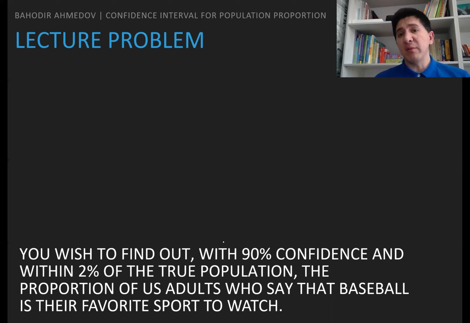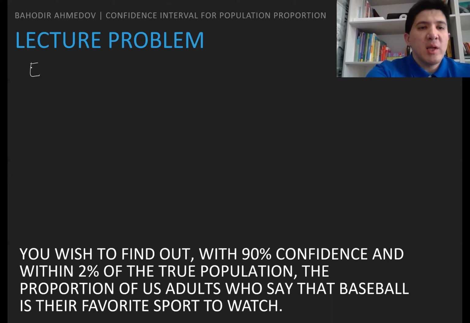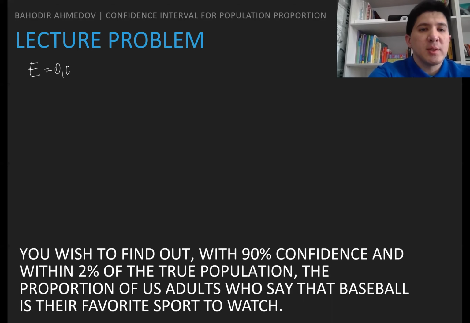What I would like to do is estimate the population parameter where the error margin is going to be exactly 2%. How many people should I include in my sample in order to get that precise interval? So basically, the error margin should be 0.02. Again, the confidence level is 90%.